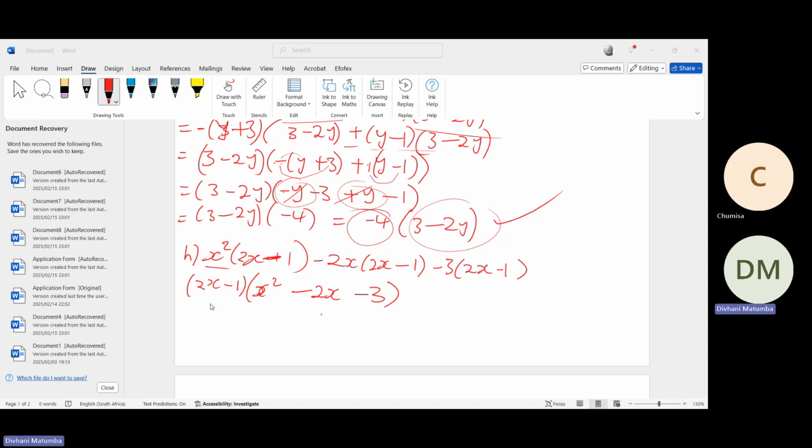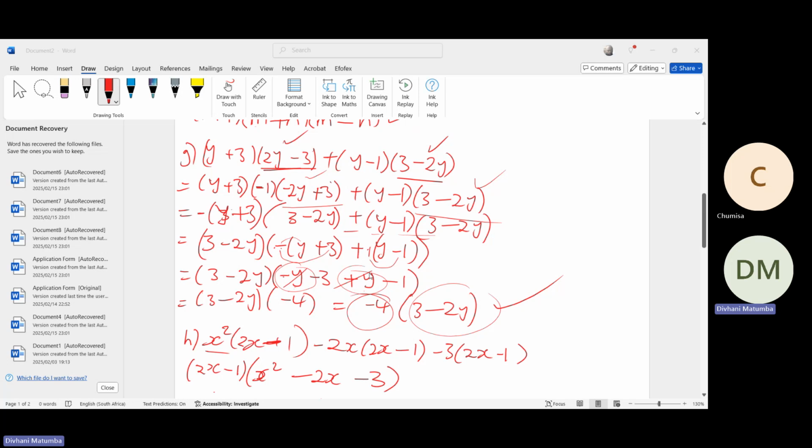And there are also the difference between two cubes and the sum of two cubes. So it's not much, really. Let me list all of them again. Number one, common factor. Number two, difference between two squares, of the form a squared minus b squared.